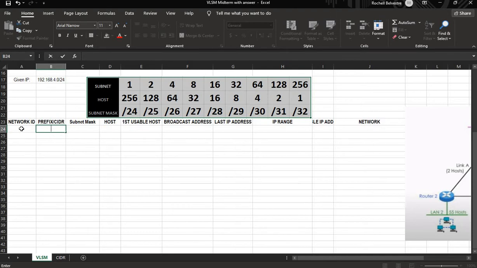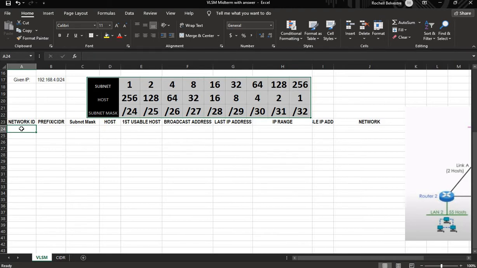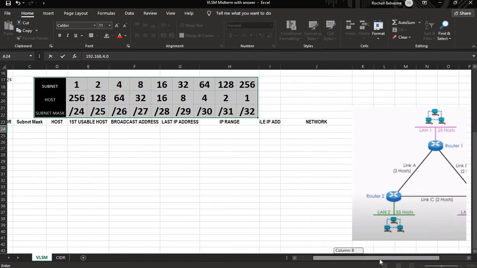This one consists of subnet, host, and subnet mask. And here under our network ID, the first thing we're going to do is bring the given IP address, which is 192.168.4.0. Then our prefix or CIDR notation is based on our given network requirements.